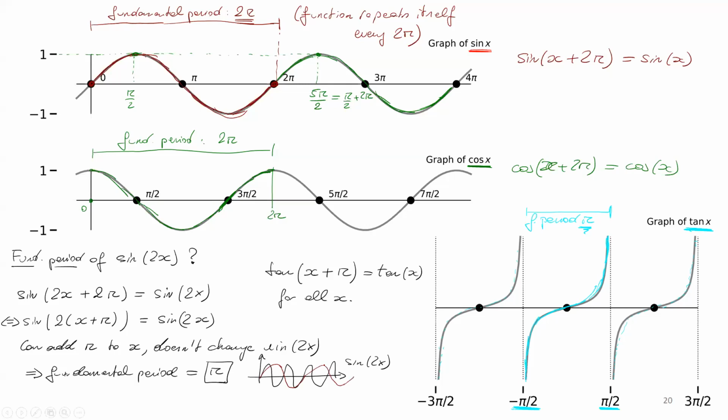So twice as fast as the normal sine. Sorry, it's a bit crammed here, but the calculation is probably more useful at this point.